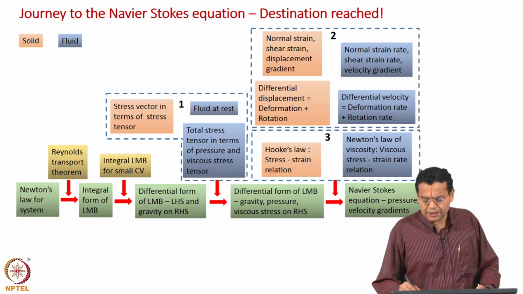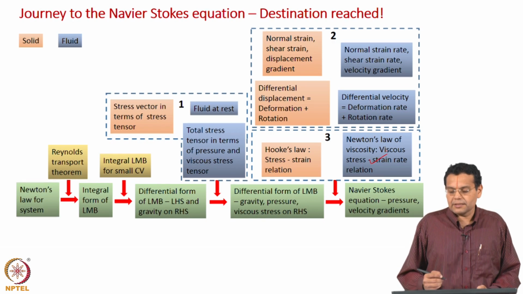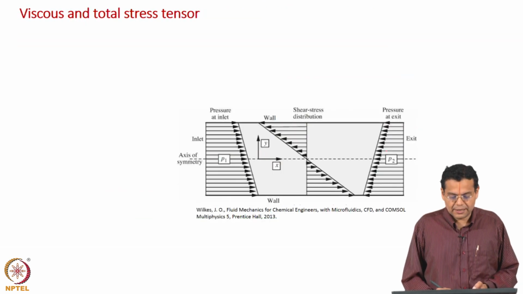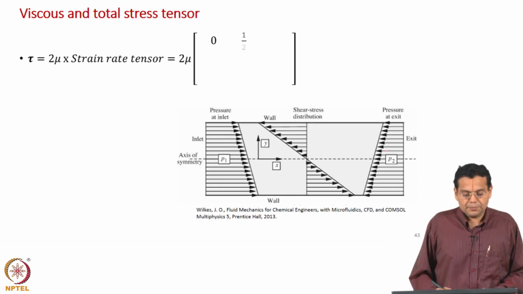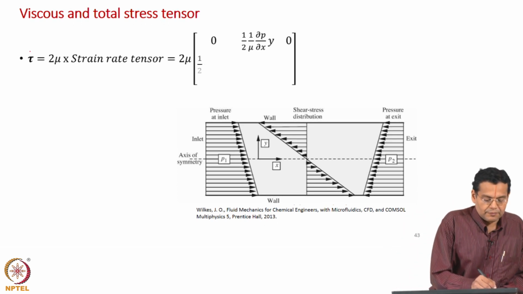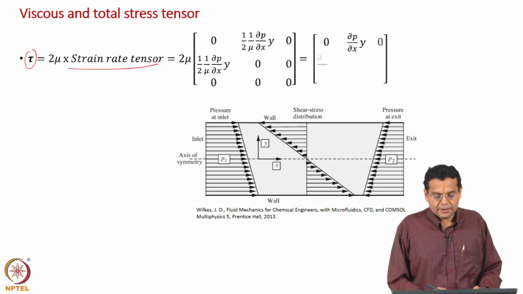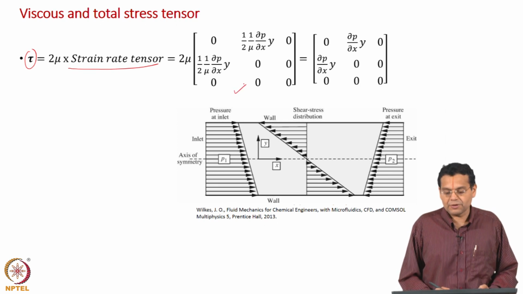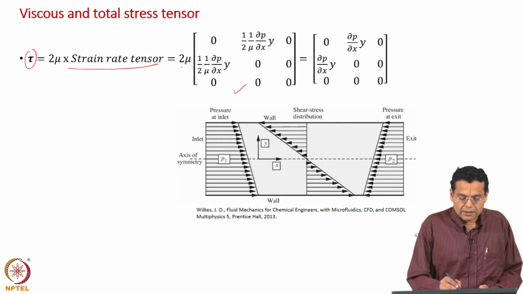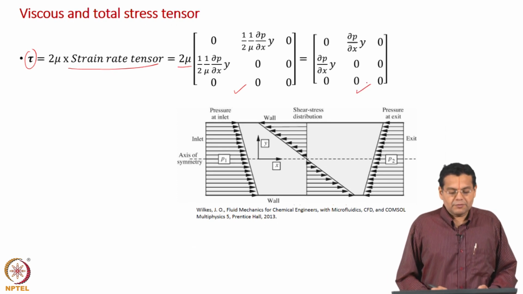Next we discuss Newton's law of viscosity to relate viscous stresses and strain rates. Let us do that here as well. That is a relationship between the viscous stress tensor and the strain rate tensor. In the previous slide we got the expression for the strain rate tensor, and multiplying by 2 mu will give you the viscous stress tensor.